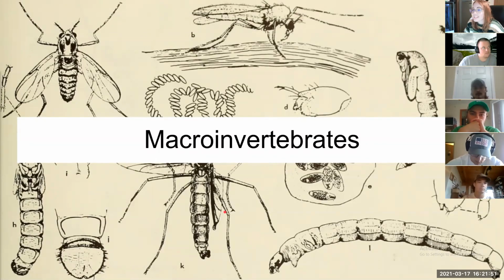And I do want to make clear, also like snails and clams are considered macroinverts, even though they're not something like we first think about. Yeah, and they're also not something we're going to cover here, just in the interest of time.